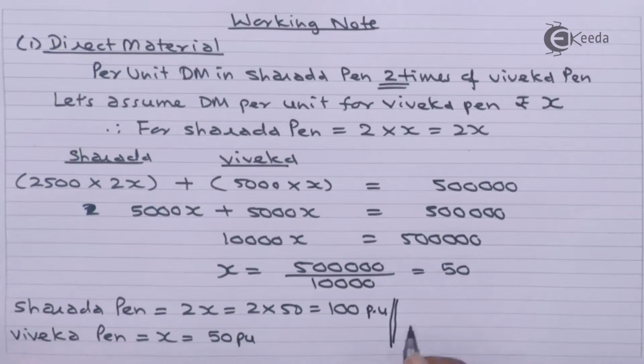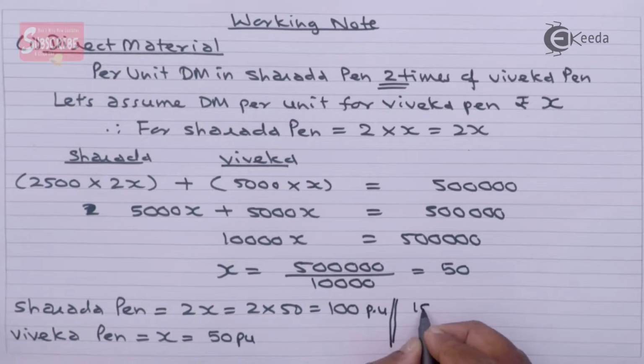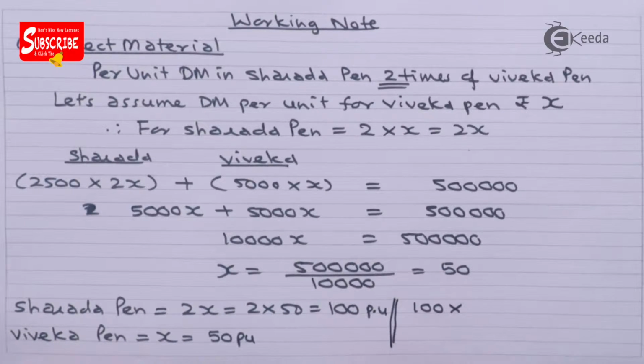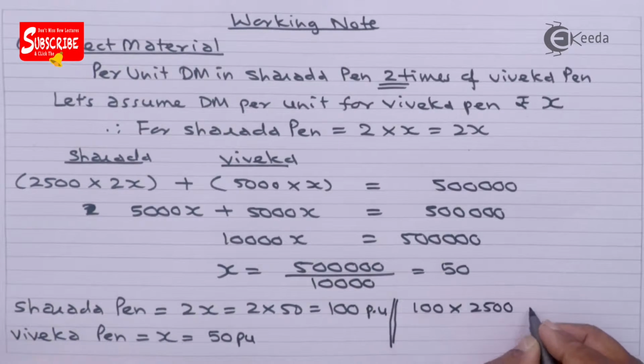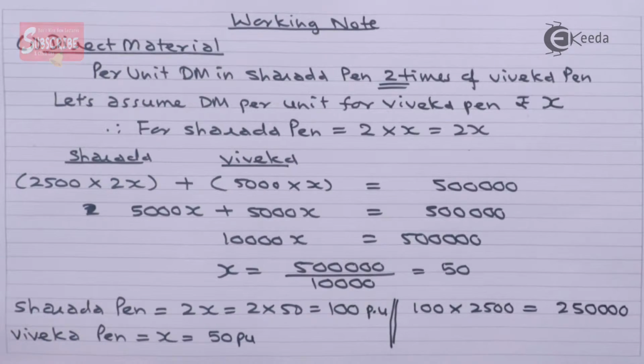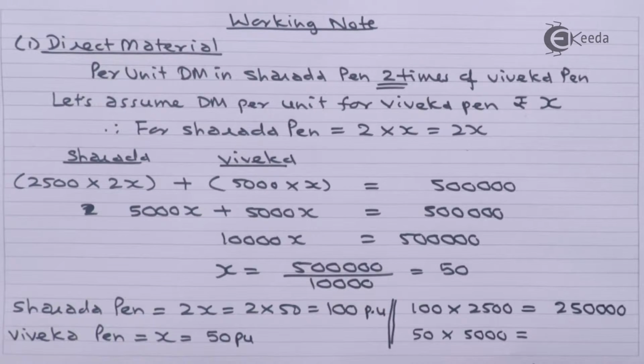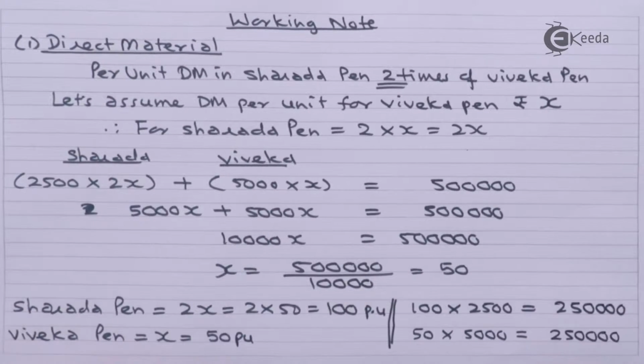In case of Sharda pen, per unit 100 multiplied by 2500, it will be 2,50,000. In case of Viveka, per unit rupees 50 multiplied by 5000, it will be 2,50,000. So 2,50,000 plus 2,50,000, it comes rupees 5 lakhs. This is how we have allocated direct materials.